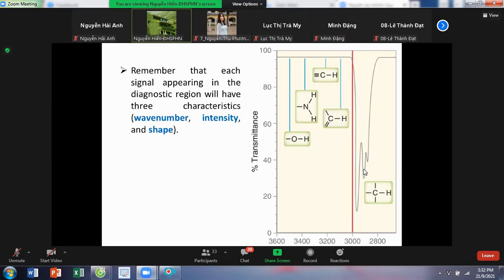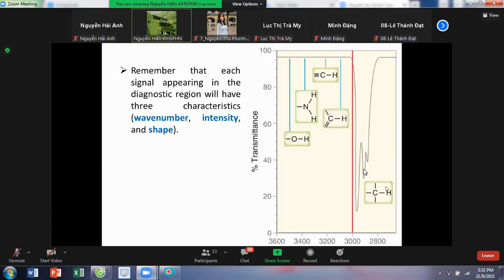And you should remember that each signal will have three parameters. Wave numbers tell you about the location, and intensity tells you about how strong or how big the signal is, and the shape can be either sharp or broad, sharp or narrow or wide.